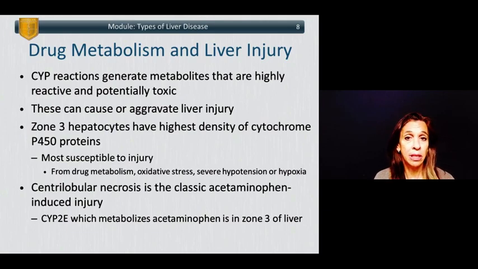These are susceptible to injury from drug metabolism, oxidative stress, severe hypotension, or hypoxia. Central lobular necrosis is the classic acetaminophen or Tylenol-induced injury. CYP2E1, which metabolizes acetaminophen, is in zone 3 of the liver.